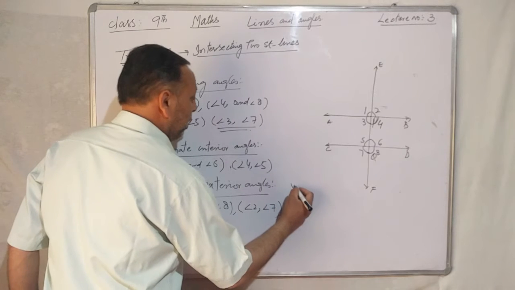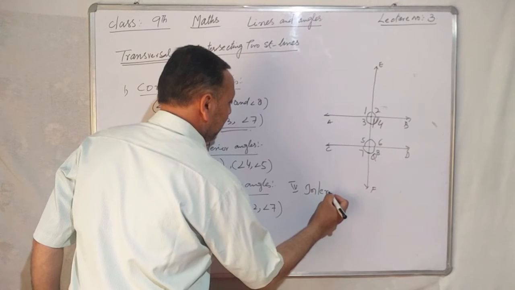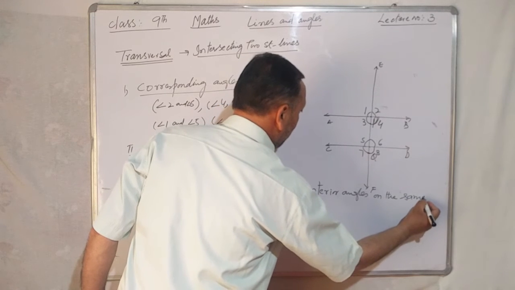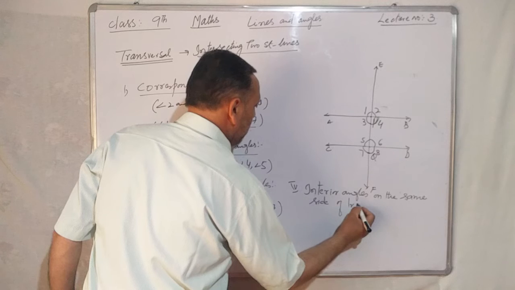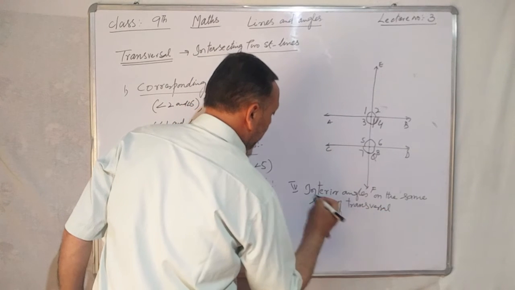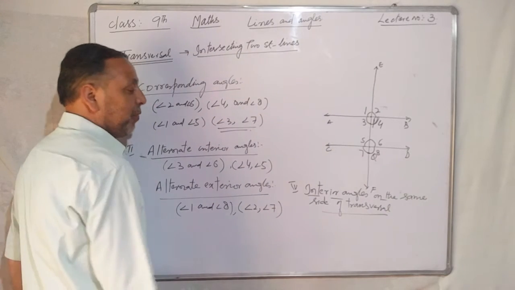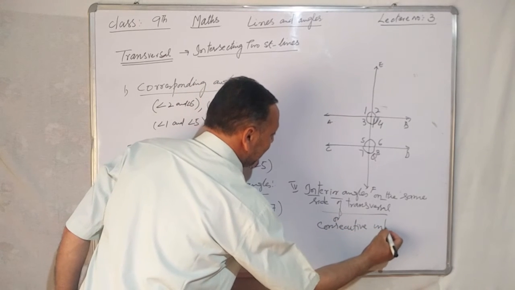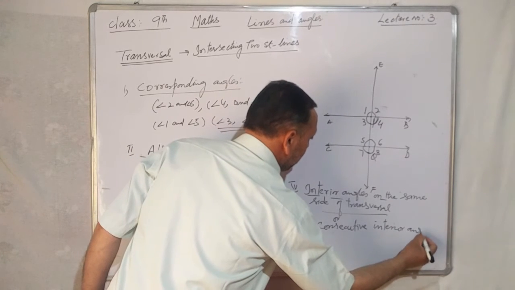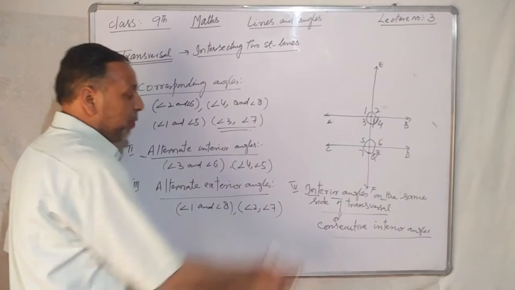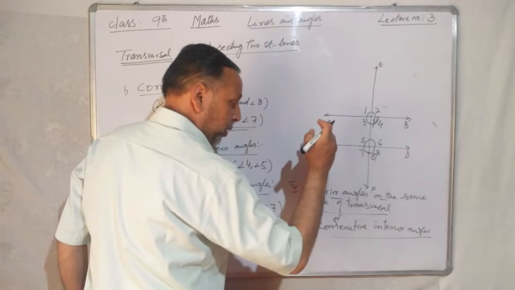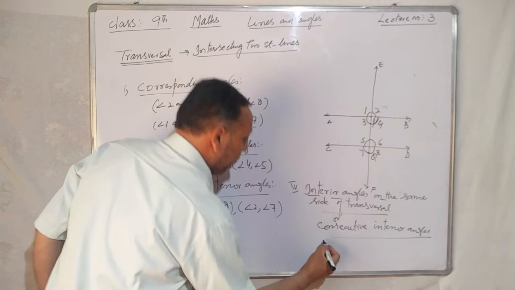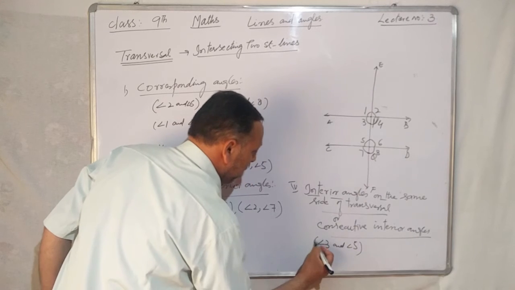And the fourth group is interior angles on the same side of the transversal. We call these consecutive interior angles. Consecutive interior angles are the interior angles on the same side of the transversal, that is, angle 3 and angle 5, angle 4 and angle 6.